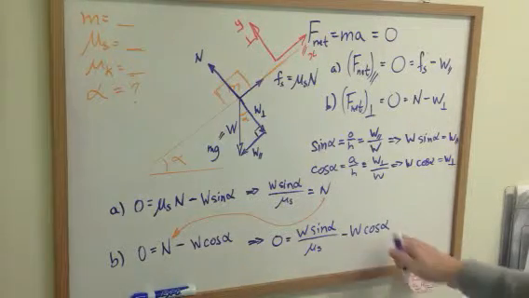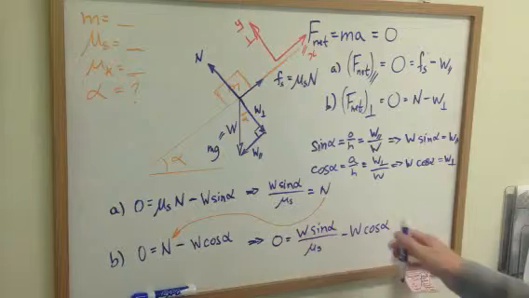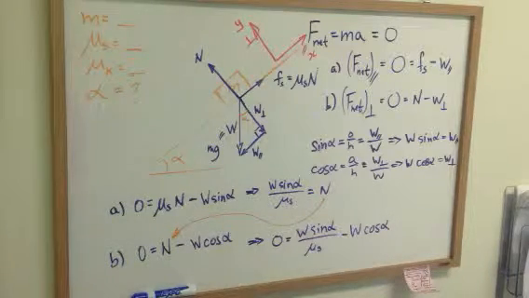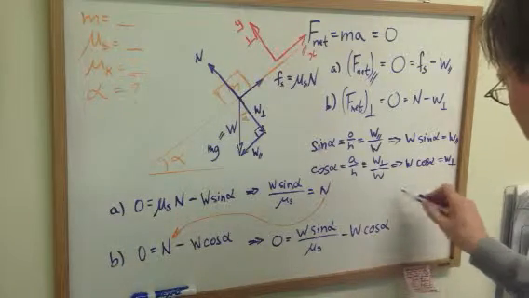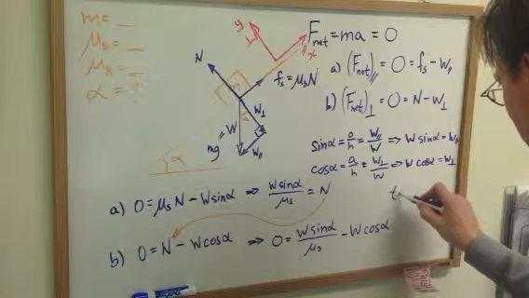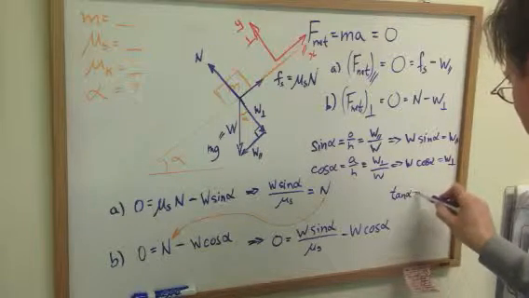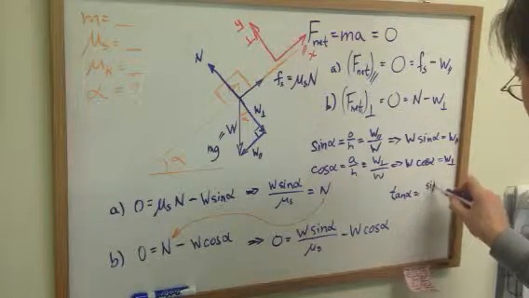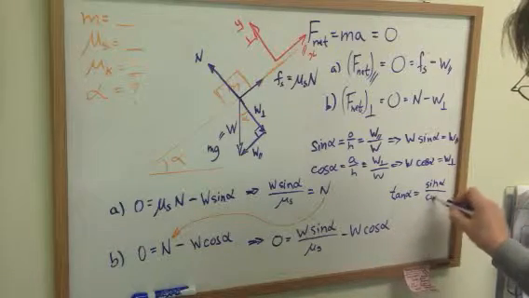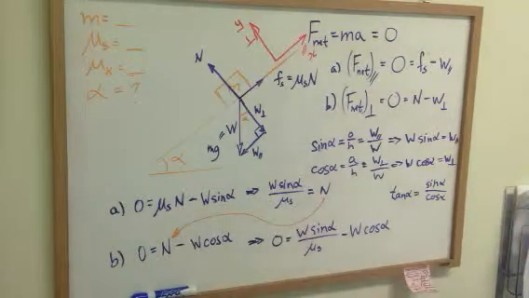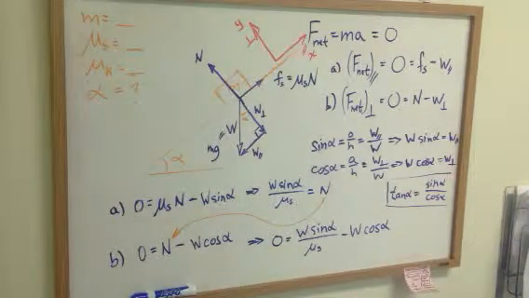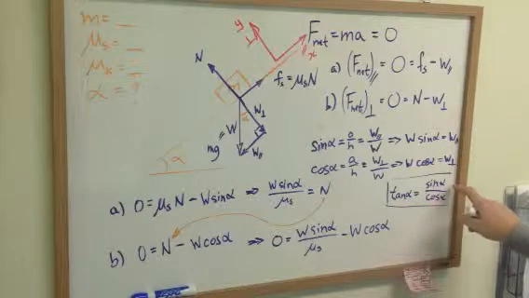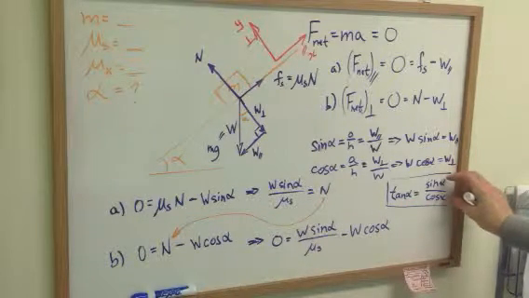Well, how can we solve for alpha? We have a sine and a cos. Everyone is going to need to know that tan alpha is equal to sine alpha over cos alpha. That is a standard identity from trigonometry, and we're going to try to combine our sine and cos.